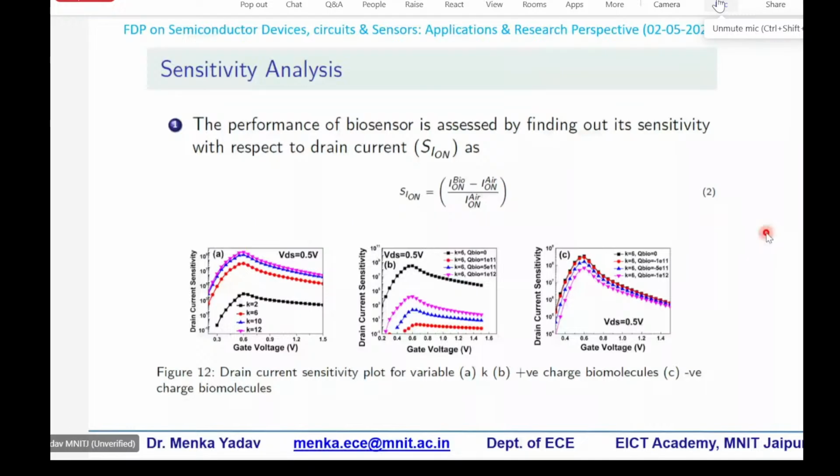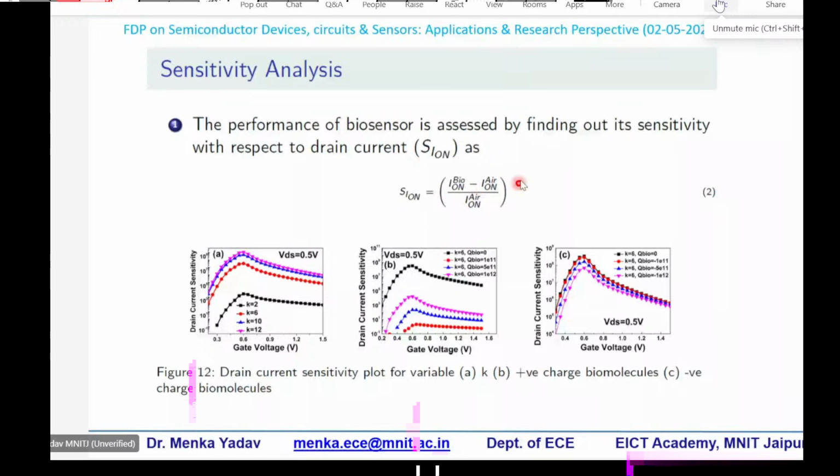Okay, VTH is also one of the parameters to sense with. Here only the on-current sensitivity is taken into consideration. This is given by this particular formula: S_ION is equal to I_ON, which is the drain current with the biomolecule filled, minus that when there is no biomolecule filled, that is air, divided by I_ON of air.